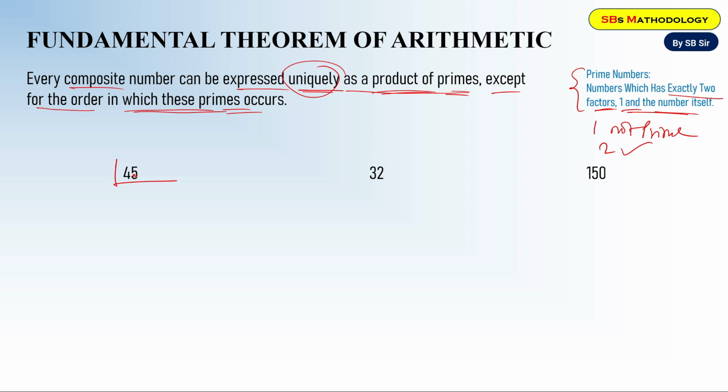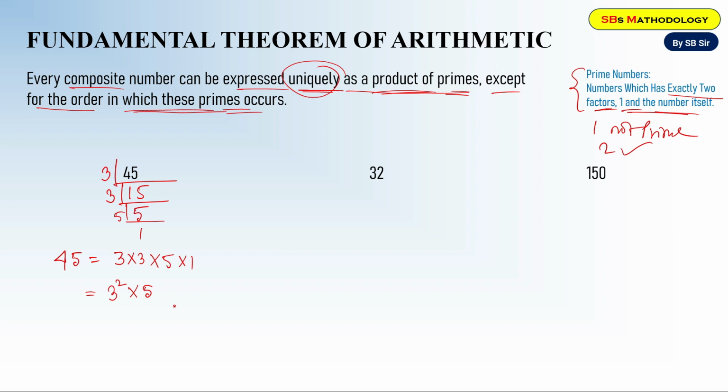The first prime which will divide 45 is 3. 3 15s are 45, again it is divisible by 3, 3 5s are 15. Now 5 is divisible by 5, 5 1s are 5. So we can express 45 as 3 into 3 into 5 into 1, that is 3 square into 5. 1 doesn't make any sense because we can write 1 multiple times. So 45 can be written as 3 square into 5.